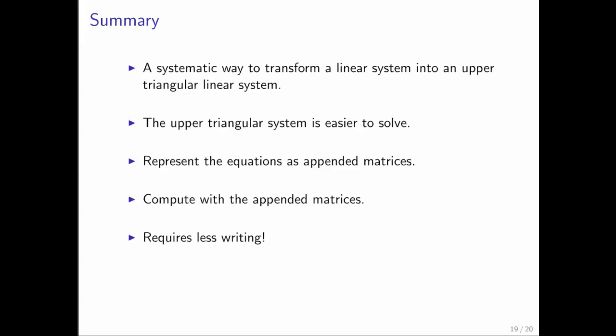And the primary benefit is that it just requires a lot less writing, so you can get the job done much quicker. But you can also recognize that it should be easier to implement, because storing only the coefficients means that you create an array of numbers, and then you just manipulate that two-dimensional array of numbers.